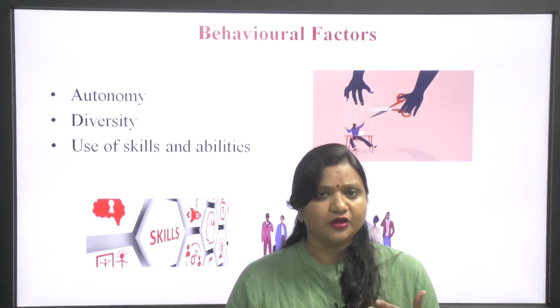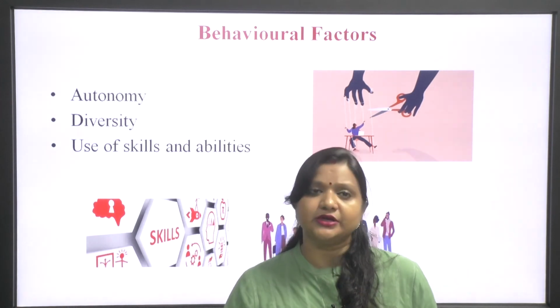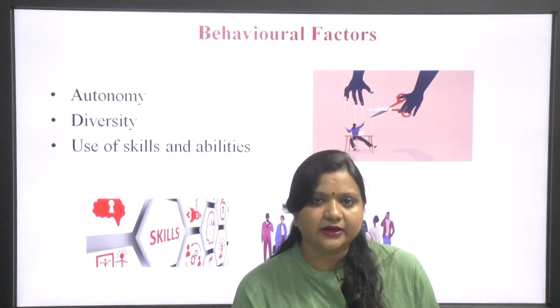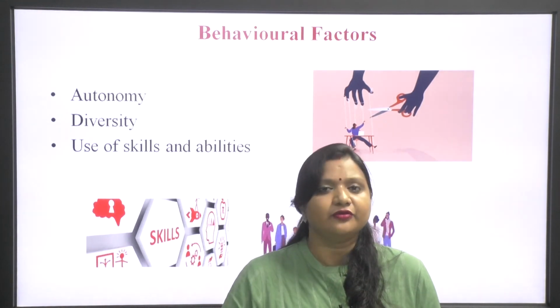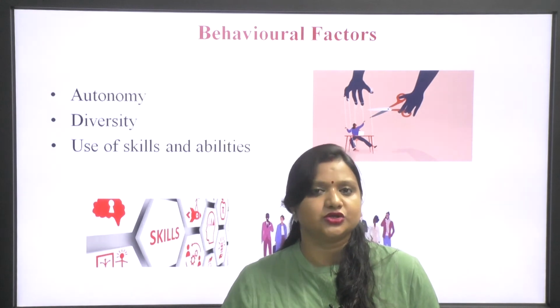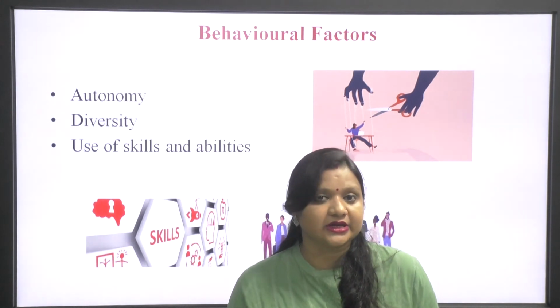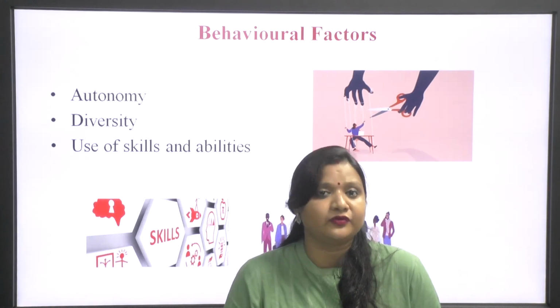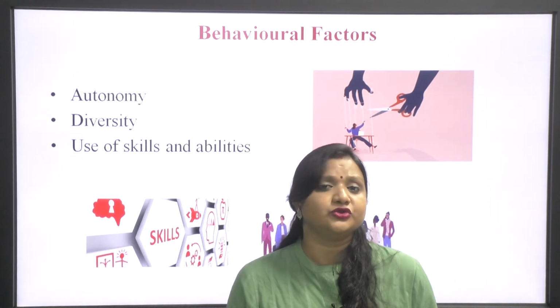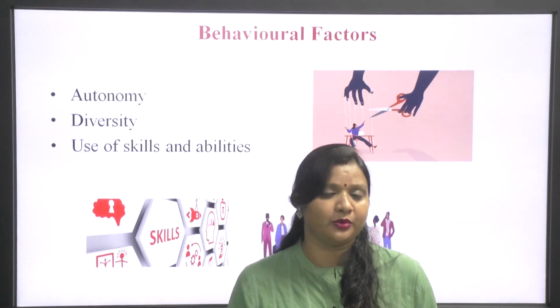So, if you are designing the job, you should introduce this diversity element into the job, so that an individual learns the different aspects related to a job and acquires different skills, and becomes efficient and capable enough to tackle any future uncertainty or problem.